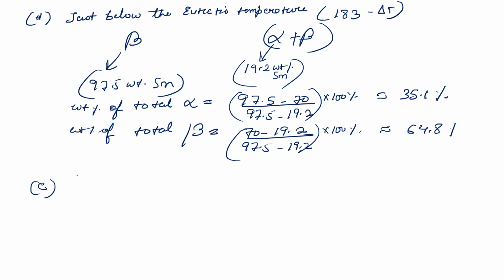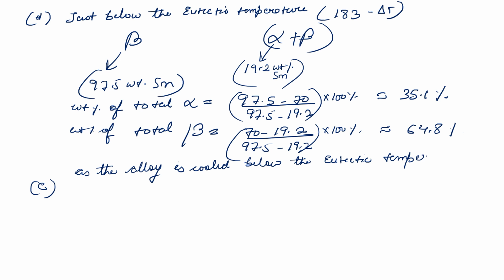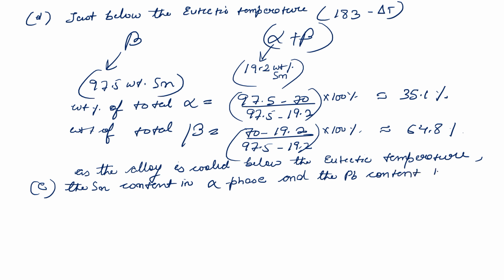So as the alloy is cooled below the eutectic temperature, the tin content in the alpha phase and the lead content in the beta phase are further reduced.